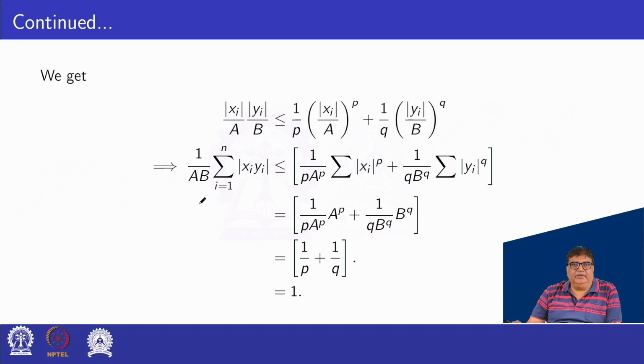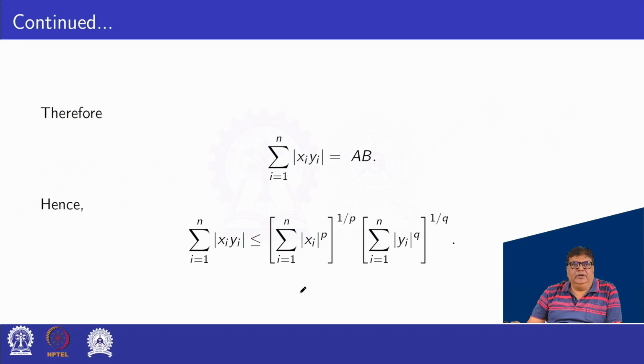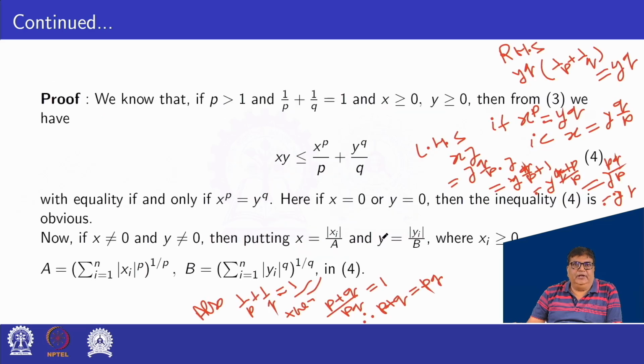Okay. So left hand side, 1 upon ab summation i is equal to 1 to n, mod xi yi, less or equal to 1. Then we have summation i is equal to 1 to n, mod xi yi here, less or equal to ab. So putting the value of a is this one and value of b is this one here.